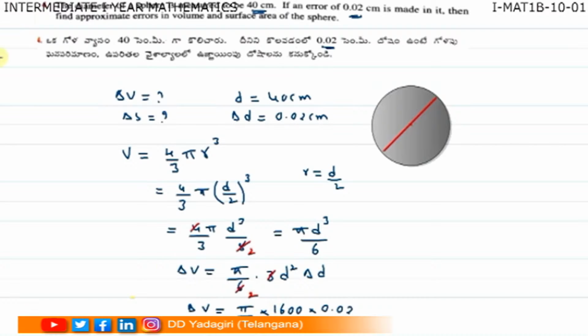Now simplify this. Again on cancellation, 2 ones are 2, 2 eight hundreds are 1600. So finally on multiplication, delta V, I will get 800 into 0.02, that is 16 pi cubic centimeters. Units are also important, this one.